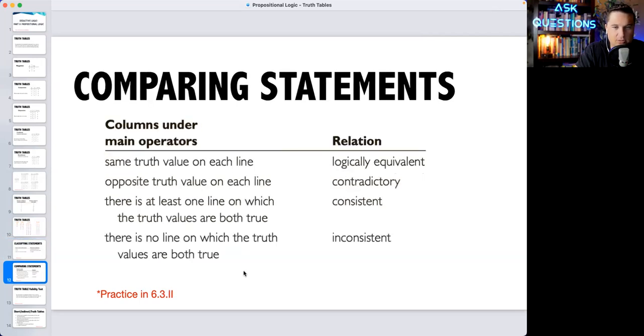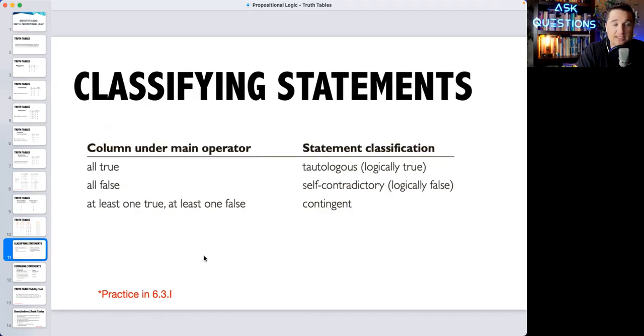So we're going to start part 2 of this lecture on truth tables by comparing statements. When we classified statements, we were looking at individual statements and categorizing them.